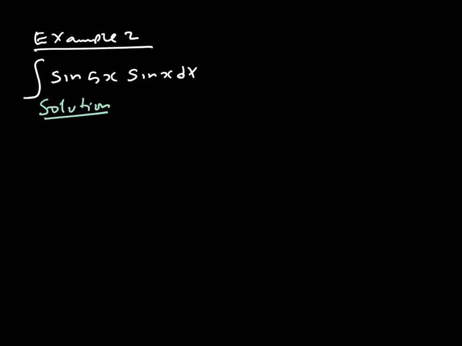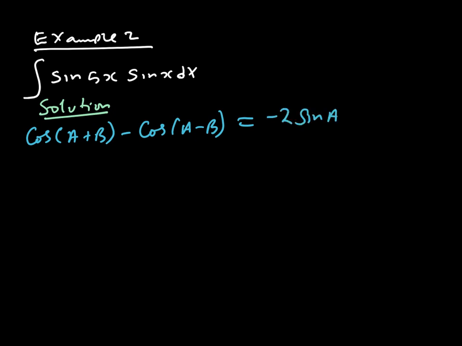We know that if you have cosine of A plus B and you subtract cosine of A minus B, you get negative 2 sine A sine B. At this stage, you now feed in the product given in the question, which is the sine of 5x sine of x.